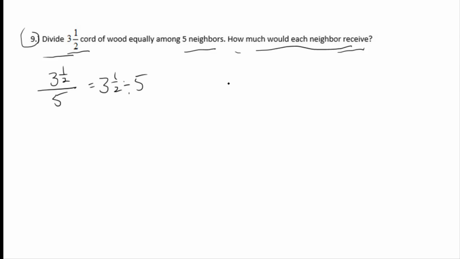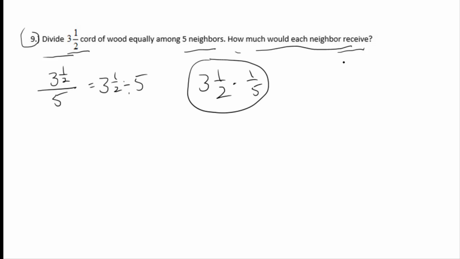However, dividing by 5 is the same thing as multiplying by 1/5. And this is going to be a lot easier to accomplish. So remember, we've been over this a few times now. Dividing by 5 is the same thing as multiplying by 1/5.